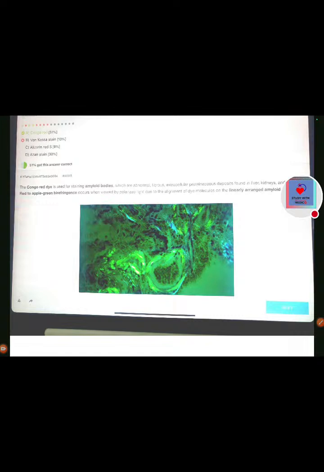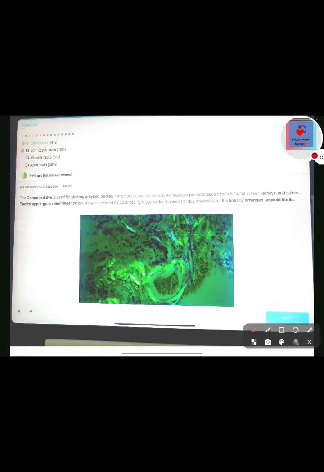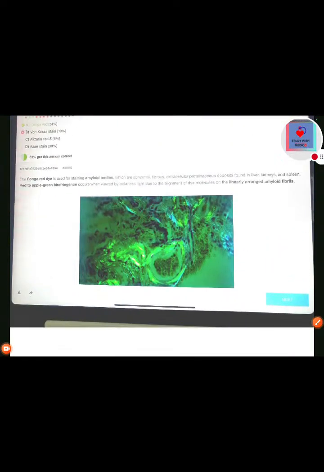Amyloid bodies are abnormal fibrous extracellular proteinaceous deposits that are found in liver, kidneys, and spleen. Red to apple green birefringence occurs when viewed by polarized light due to dye molecules on linearly arranged amyloid fibrils, you will get the apple green birefringence.